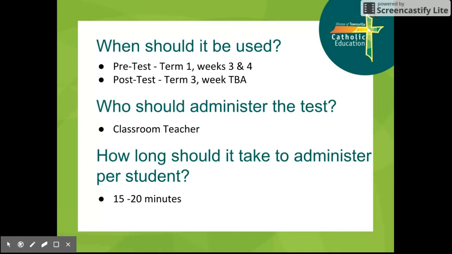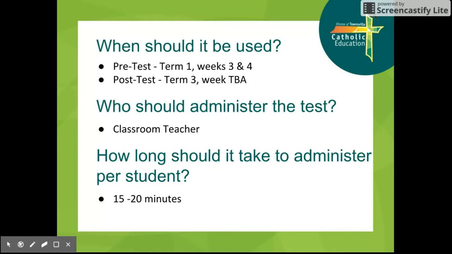For example, if we give information on certain areas in the curriculum where children are not performing particularly well, providing this feedback early enough gives term 4 in order to potentially reteach those particular content descriptions. The classroom teacher is always the person who is best to administer the test.